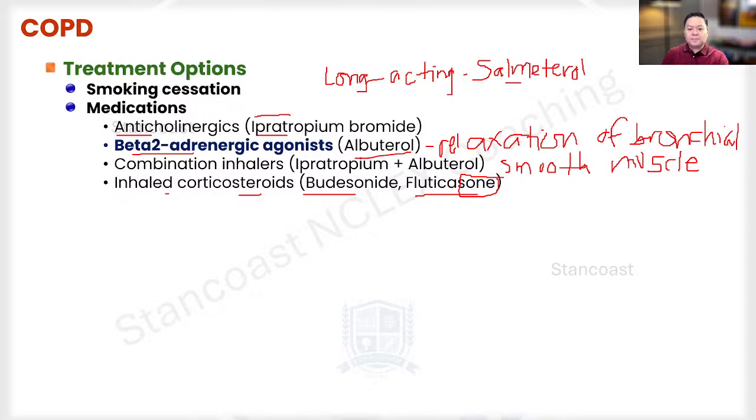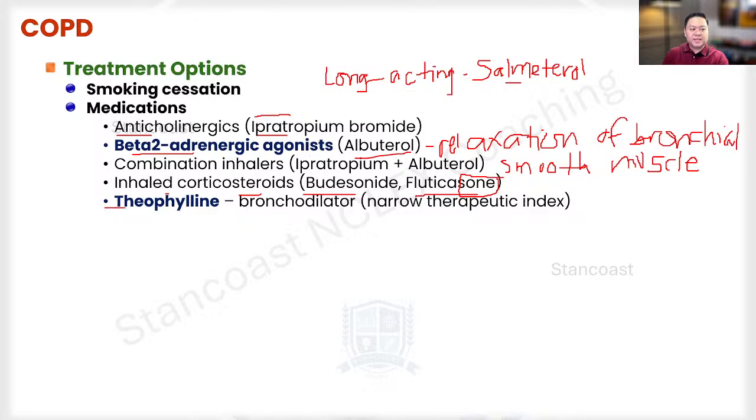Now, another classification or group of medication that you will expect to be incorporated in their treatment is the theophylline. Okay. So this is going to be given as an oral form. Again, theophylline can be given as an oral form.